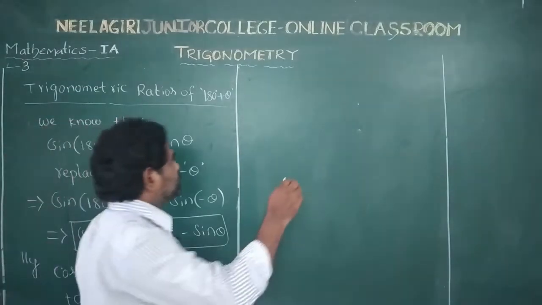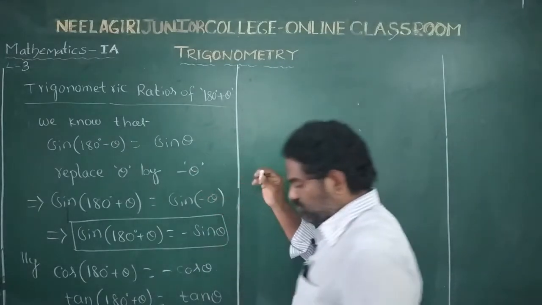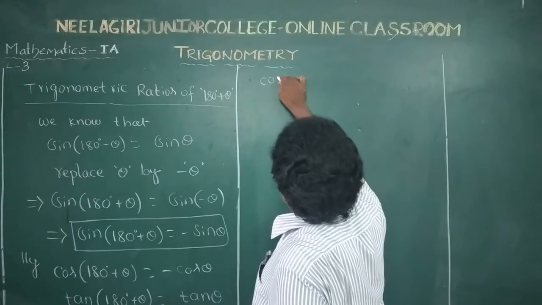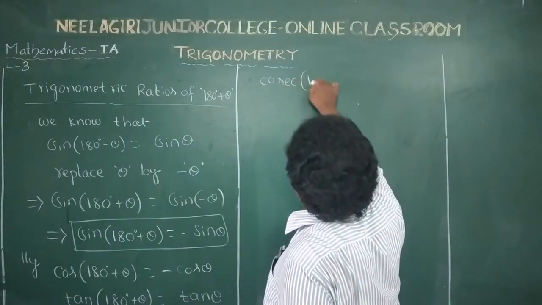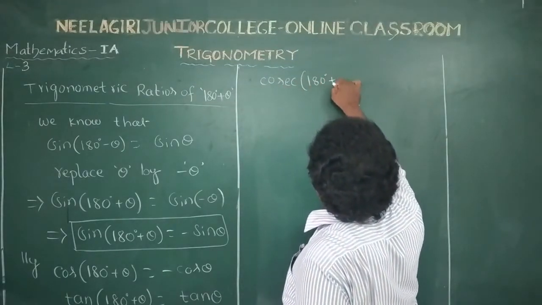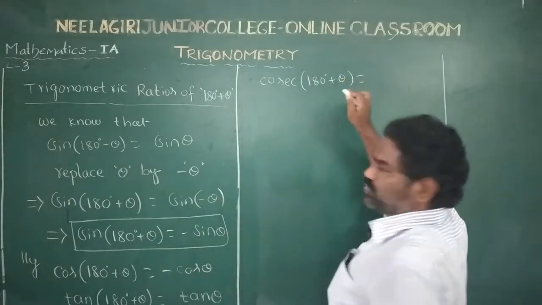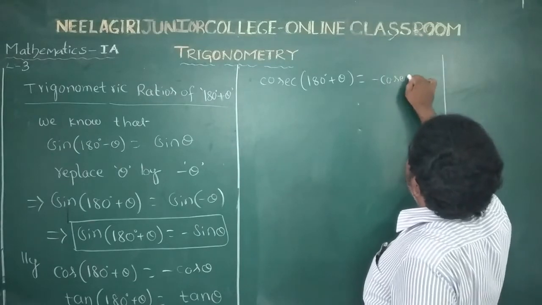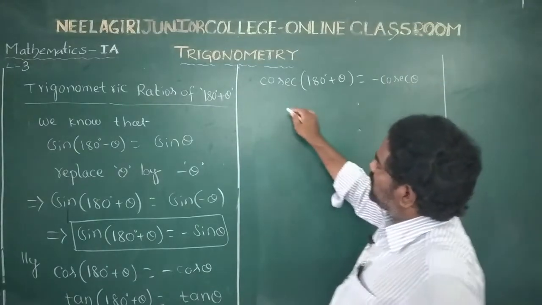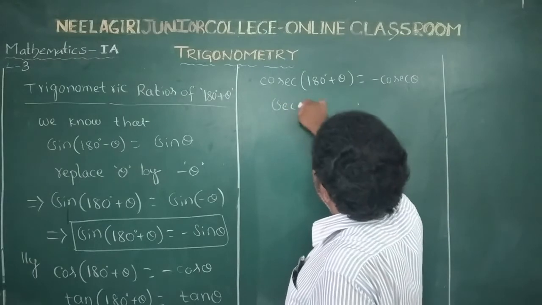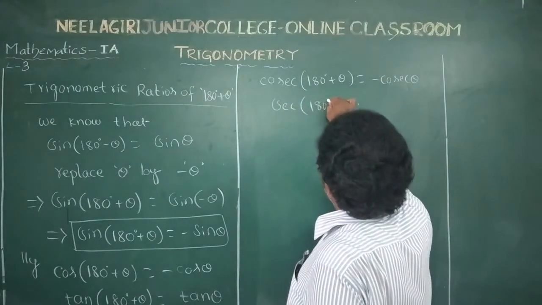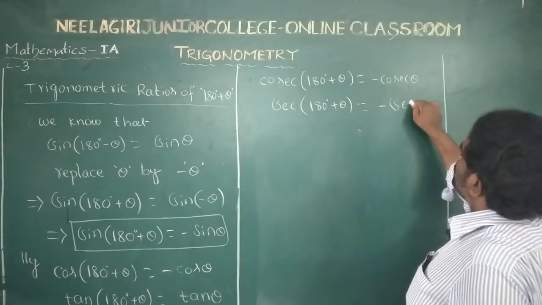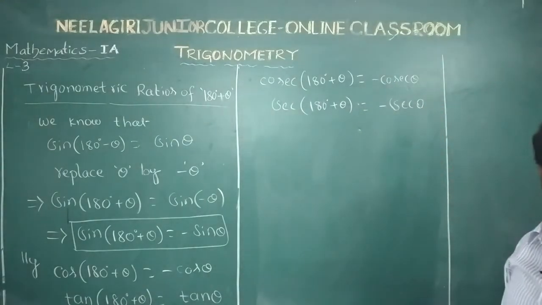Next, cosec of 180 plus theta equals minus cosec theta. Sec of 180 plus theta equals minus sec theta.